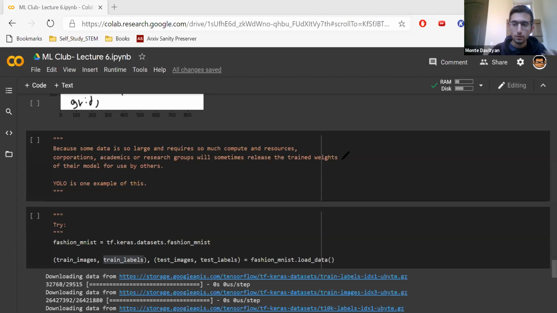So sometimes, not in all cases, but many times, they'll release the weights that they've trained, right? They'll save the weights of the model, and they'll allow people to download those weights and use them, because it's already trained. Those weights are meaningful, and they're the trained weights. So what other people can do is download those weights and use them.